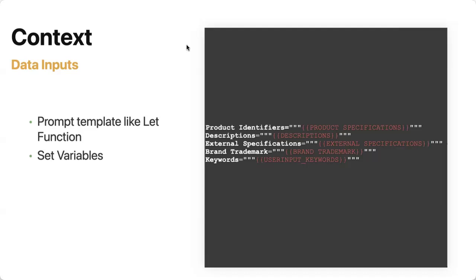This is the product. And so then, for those on YouTube, I'm sharing on screen here an example of creating something similar to a Let function in the curl request that you're sending along with your API call to the language model. You can send it a bunch of information. For example, let's say you have a product identifier, a description, or some keywords involved with a product description.